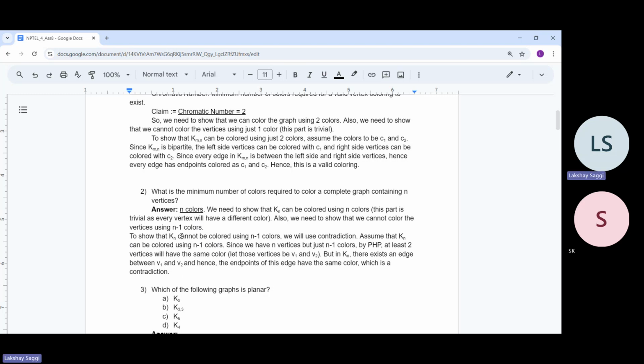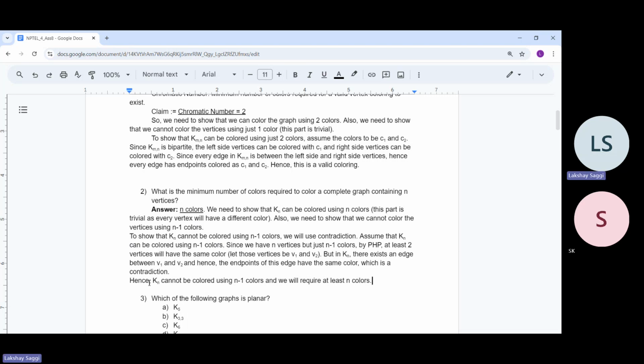So Kn cannot be colored using n minus 1 colors. Hence, we require at least n colors.